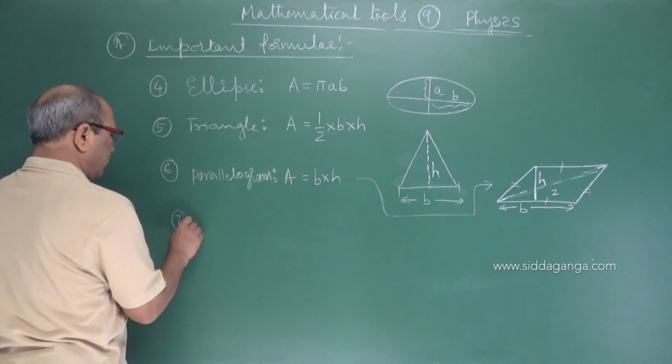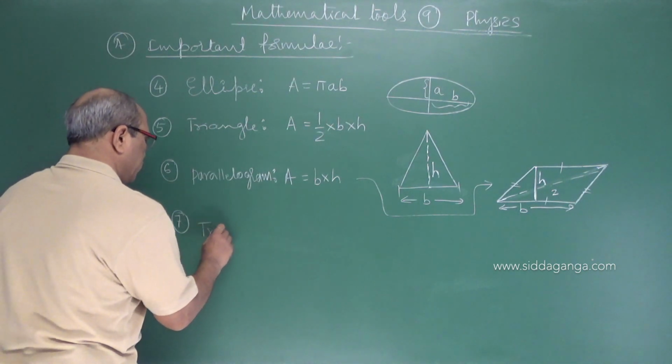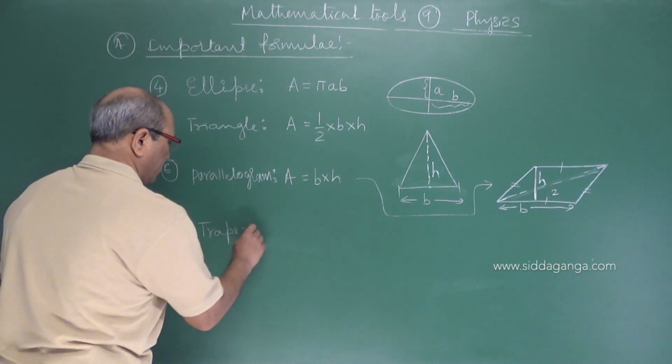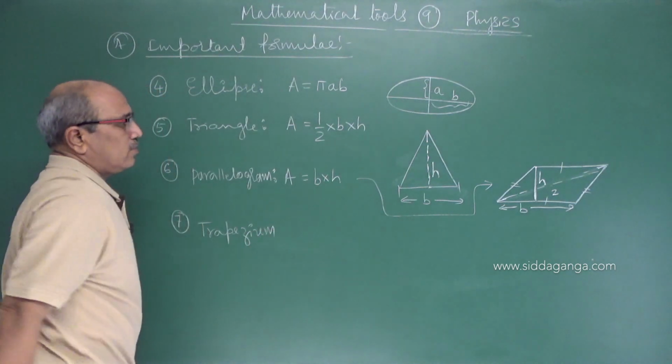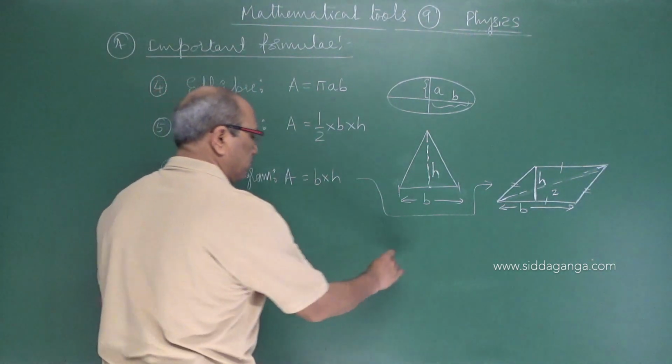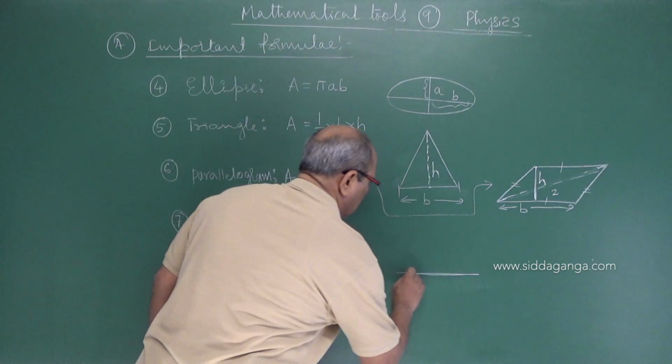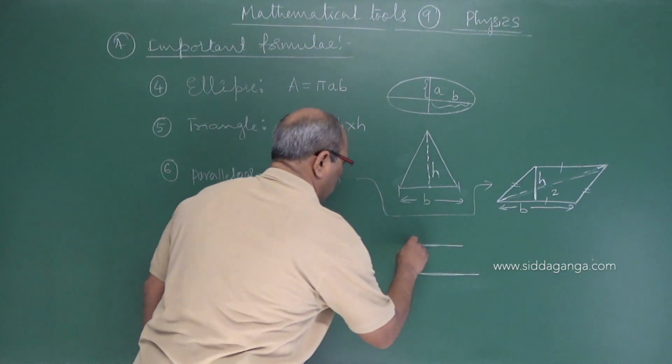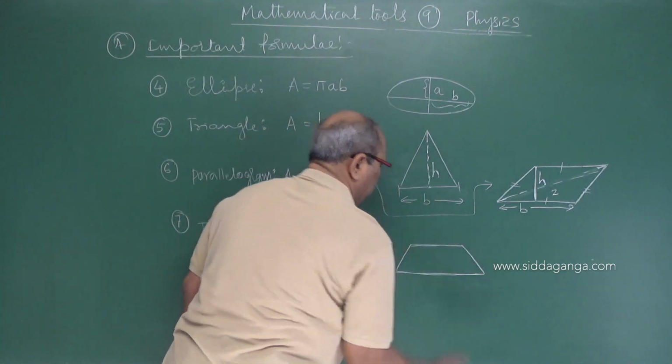Coming to the seventh, the trapezium. Here the parallel sides are of unequal size, so maybe of this form.